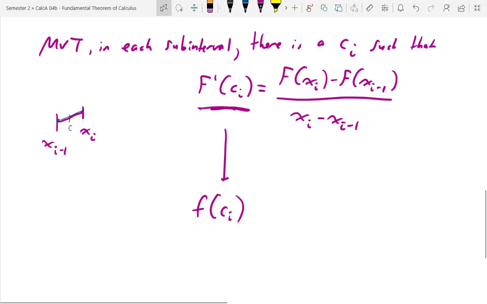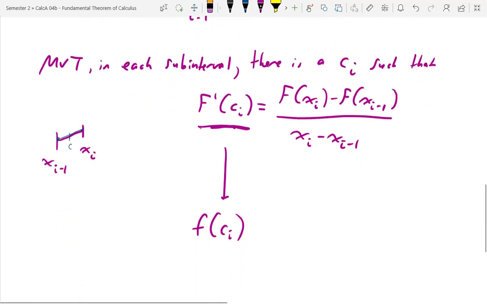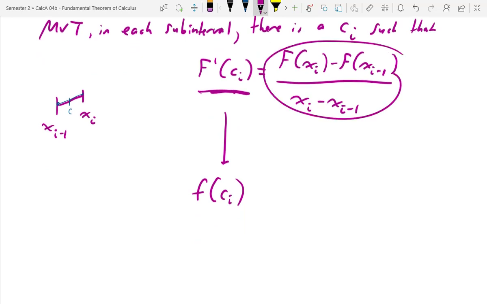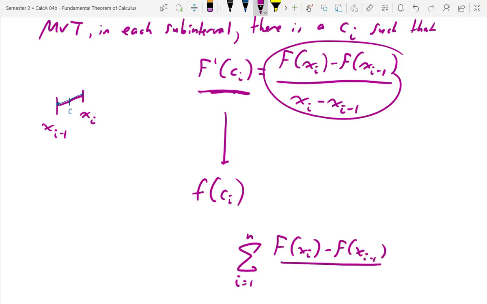If I start taking the summation of all of these, I'm going to swing back up here and just do a sum on all of these things. If I do the sum from i equals 1 to n of this numerator, f of x sub i minus f of x sub i minus 1, over, let's call this denominator delta x i. It's just easier to use delta notation. Well, that's right there.